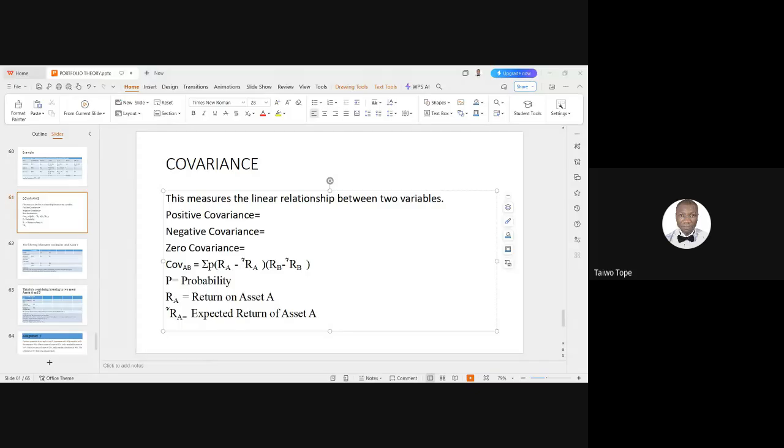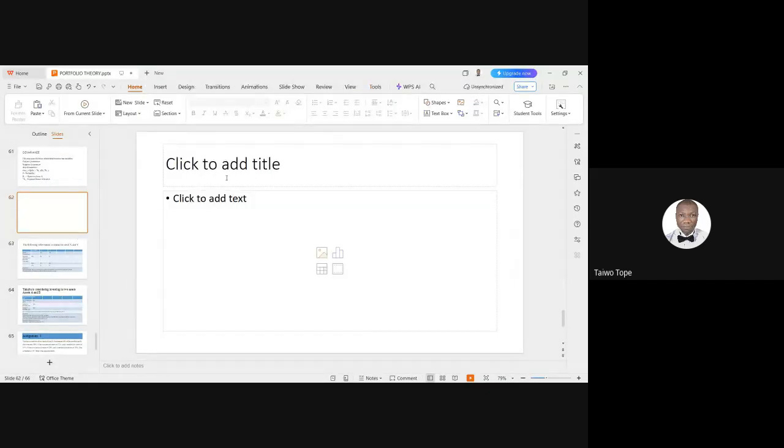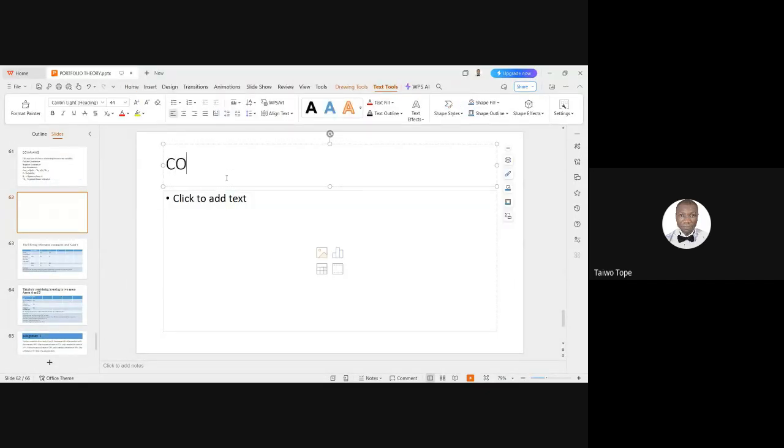So when we have a positive correlation, let's come back to the screen and write correlation. You can have positive correlation. When you have positive correlation, this is when two or more securities move upward and down together.